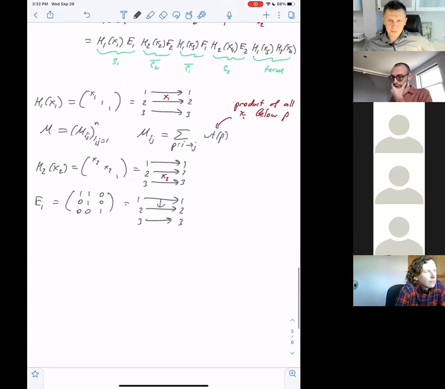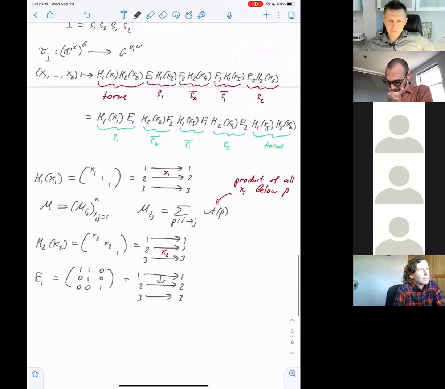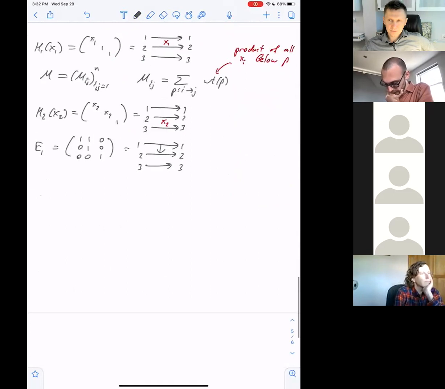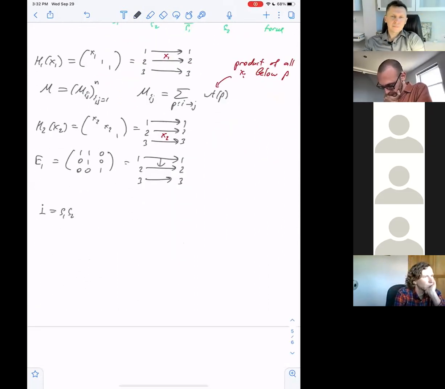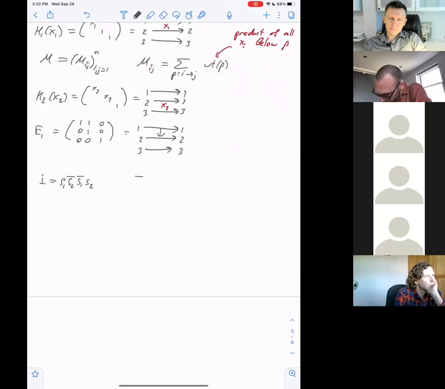Now, what's our network for this decomposition? Let me remind you, we have this word i, which was S1, S2 bar, S1 bar, S2, and really we can just represent it by this network.